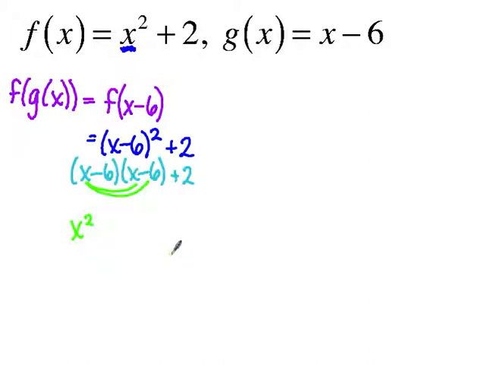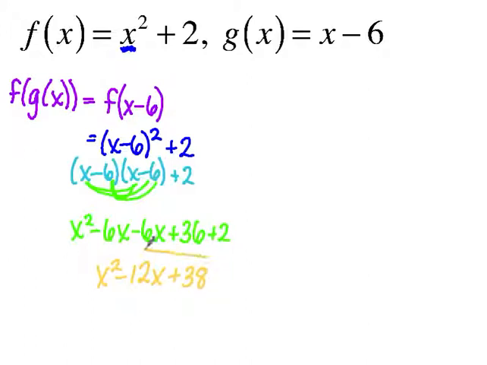Outer, I get negative 6x. Inner, I get negative 6x. Last, I get plus 36. And then plus 2. So what's my final answer? x squared minus 12x plus 38. And there you go.